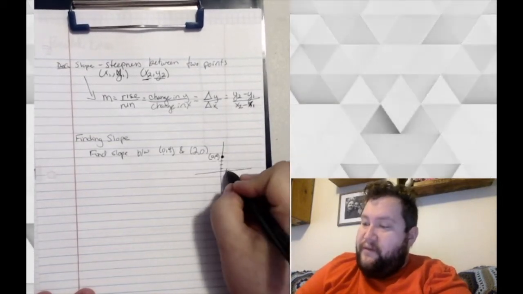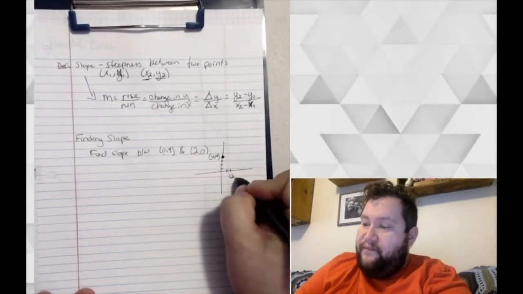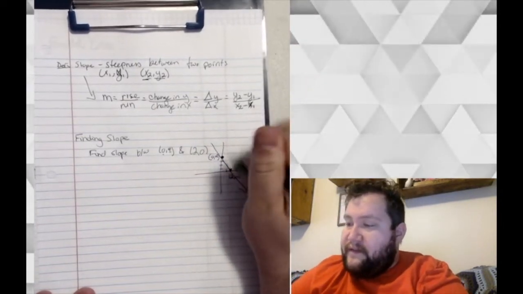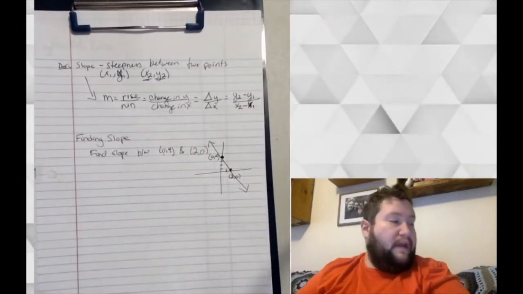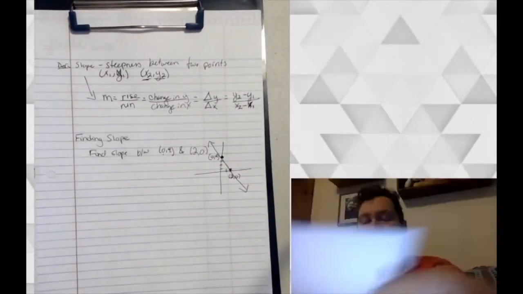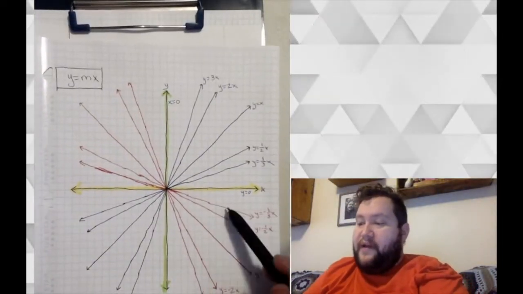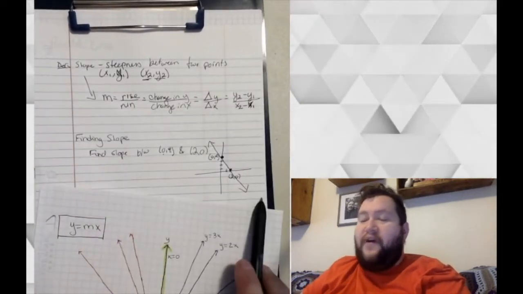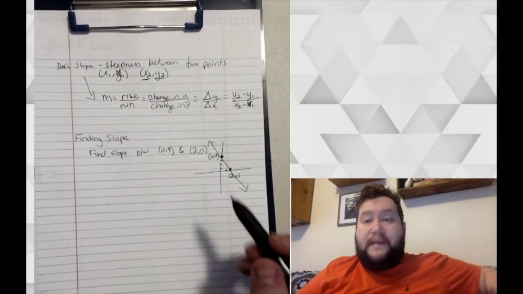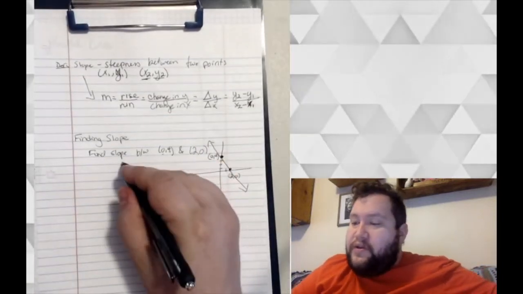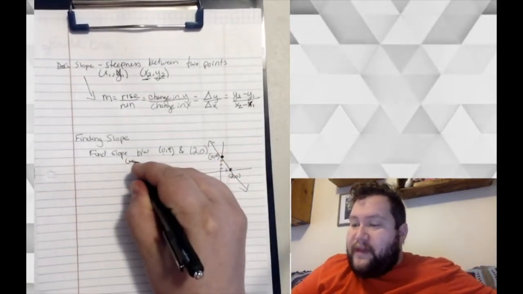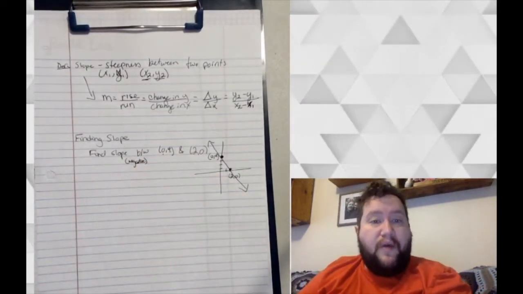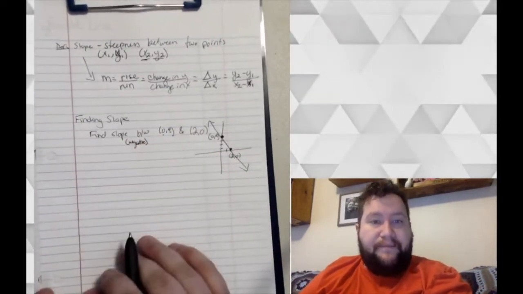And 2, 0 is here. And so the line we're looking at is there. And so thinking already, based on our pattern we noticed here, left to right, it's falling, so it should be negative. So slope should be, and we'll just put that in parentheses, negative. And that'll be some way for us to check our work when we get to the answer.